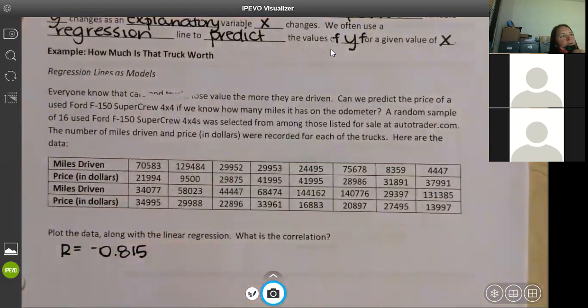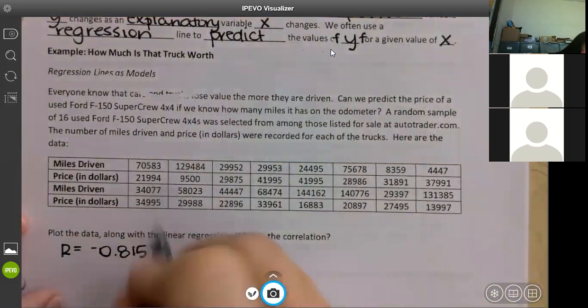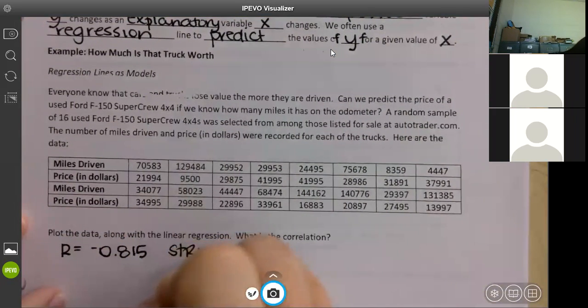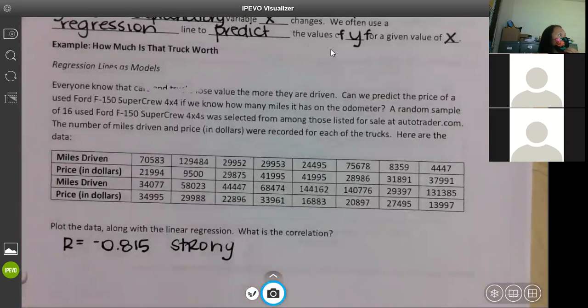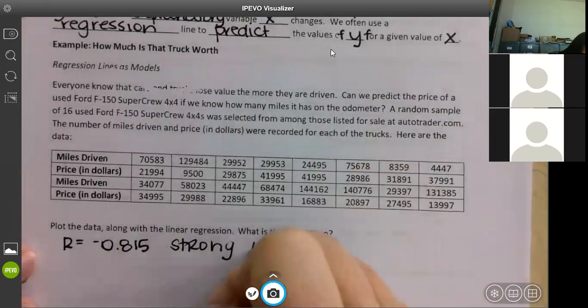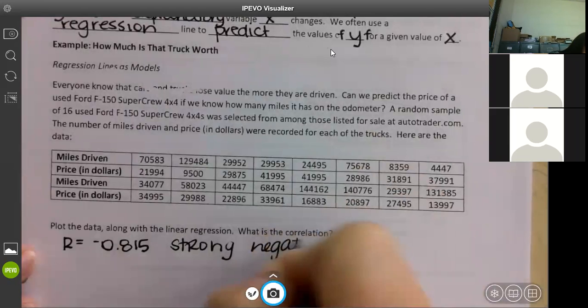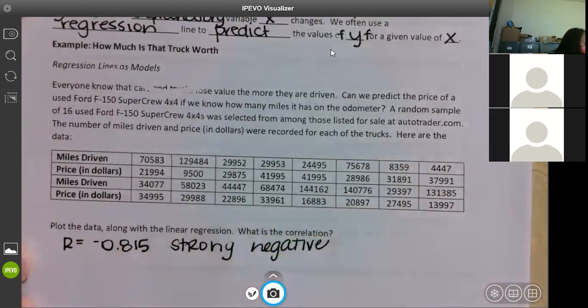I want you guys to start doing 3 decimal places, please. Stop rounding to the whole percent. What does this mean? Some of you said moderately strong, but this is actually pretty strong, right? An 0.8 is real close to a 1. So strong and negative.